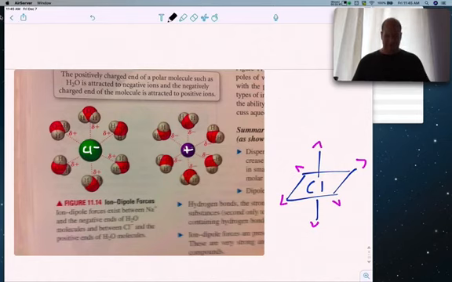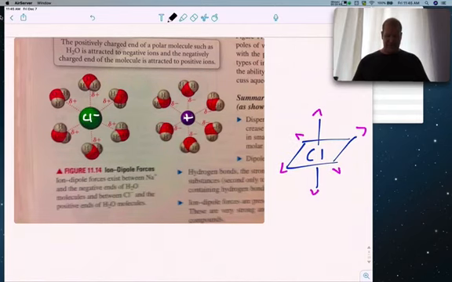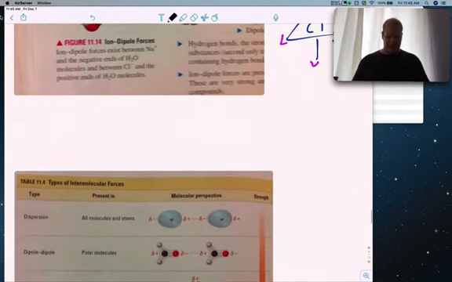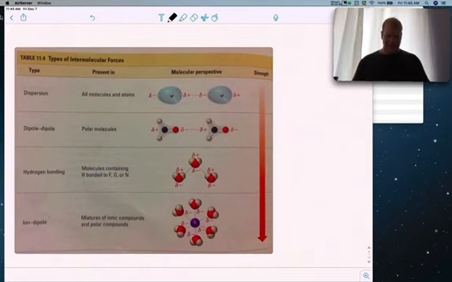But the ion-dipole force, compared to the other ones, is the strongest of the intermolecular forces. So here is the summary. The weakest force is London dispersion forces, and everything participates in this. Dipole-dipole is for polar molecules, a relatively stronger force. Then we have hydrogen bonding.